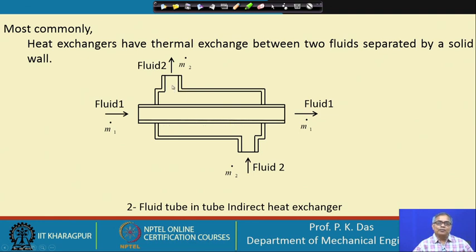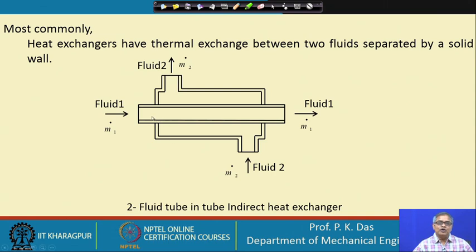and then it goes out. Now, if there is a temperature difference between these two fluids, then there will be exchange of thermal energy. The temperature difference will act as the potential for transport of thermal energy, and there will be exchange of thermal energy, or in common words, heat transfer.